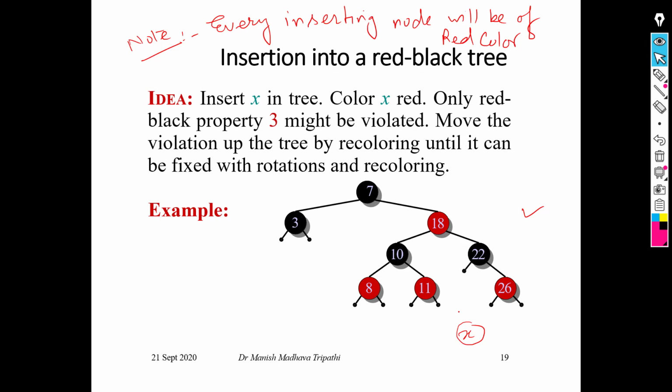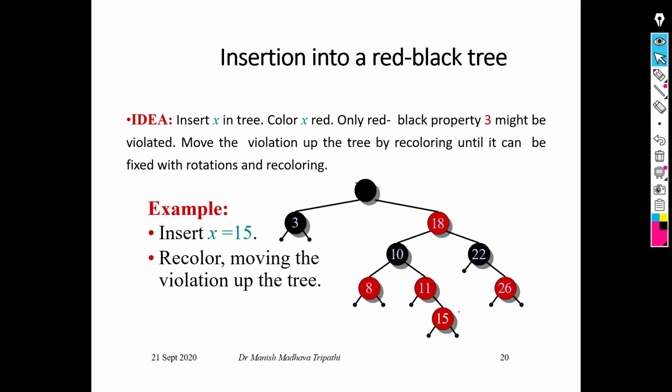So there can be 3 kinds of situation in the case of red black tree. Here I have given an example that 15 has been inserted from the right hand side of 11, and therefore property number 3 has been violated, and therefore we have to do something so that this property can be rectified again and it comes under the red black tree rule once again.